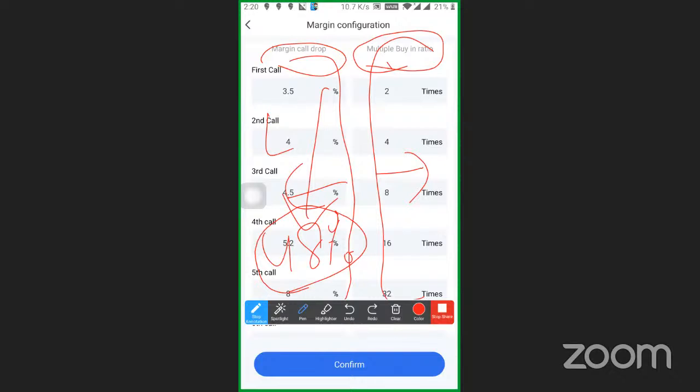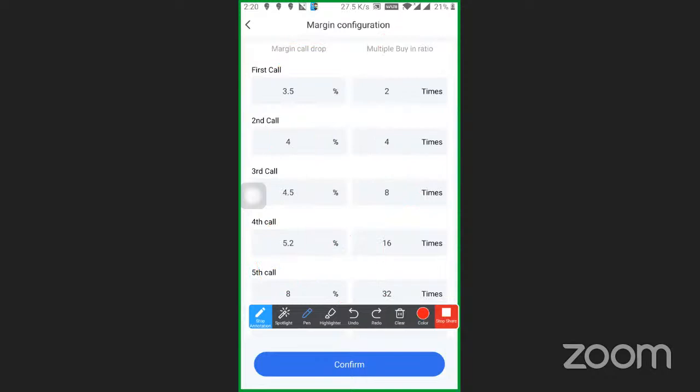But as we know, we have some experience from the last 1 or 2 years. We already see how much the market has dropped in the last 1 year. It has already dropped more than 50%, so it has already crossed this 48%.